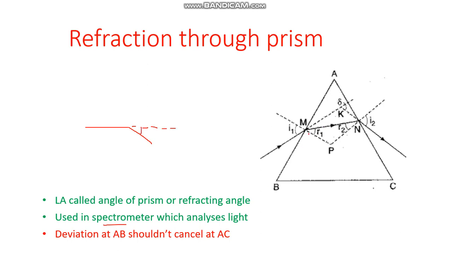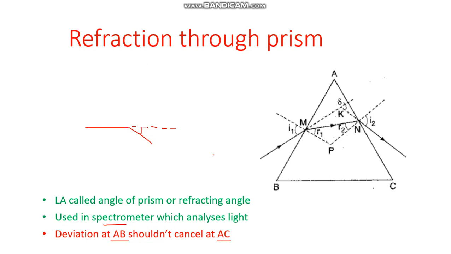In a similar situation here also the ray got deviated, and it undergoes deviation at the other side also. So the deviations at AB and AC shouldn't cancel each other, they should add to each other. Then only they can be useful to us like a spectrometer.